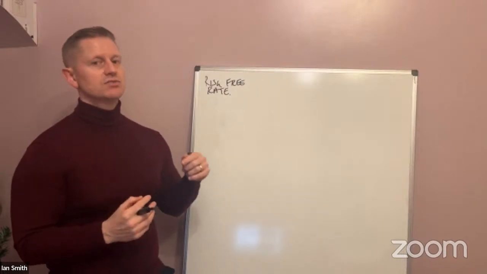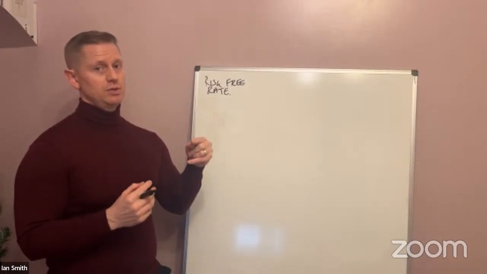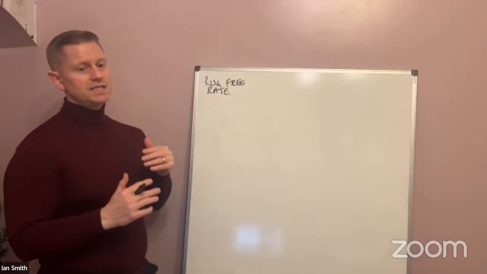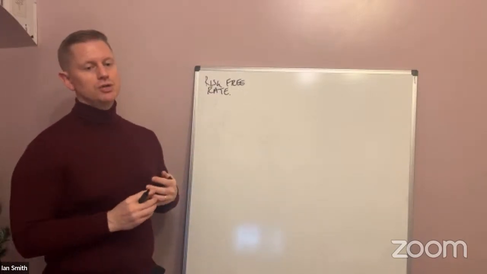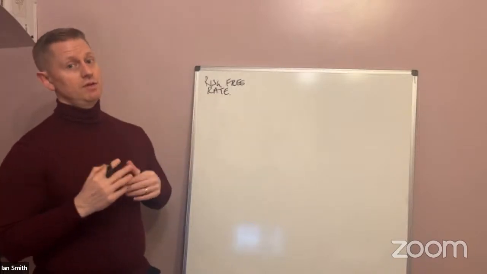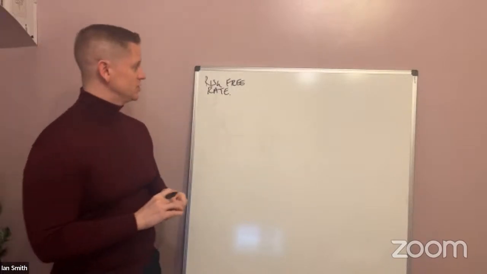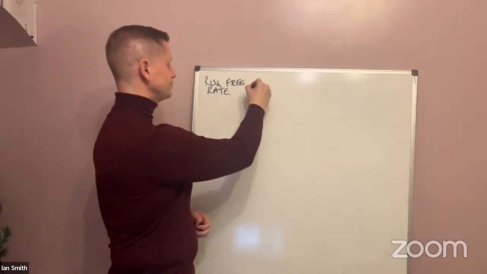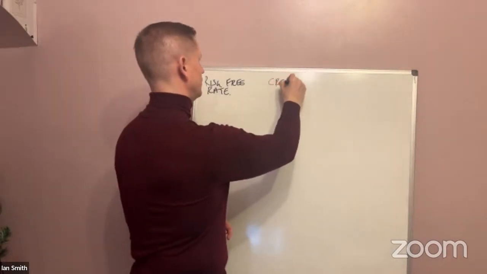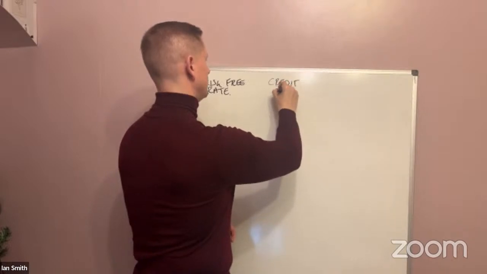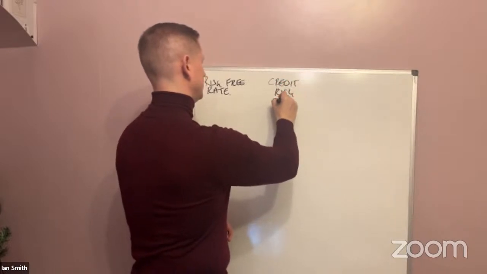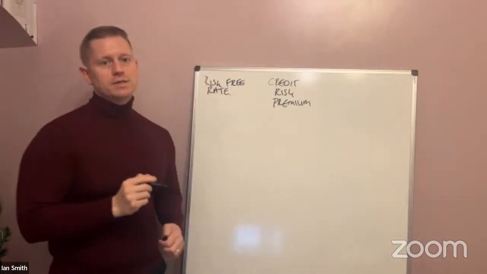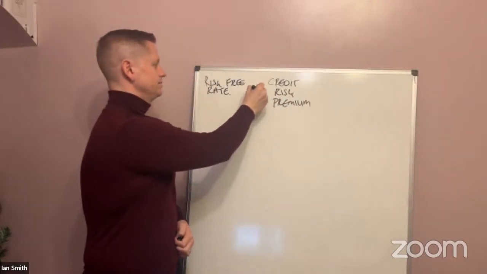And so we need to factor in a credit risk premium for the cost of debt. So lenders and banks require more of a return than the risk-free rate for this credit risk. So it's known as the credit risk premium. And that's added to the risk-free rate.